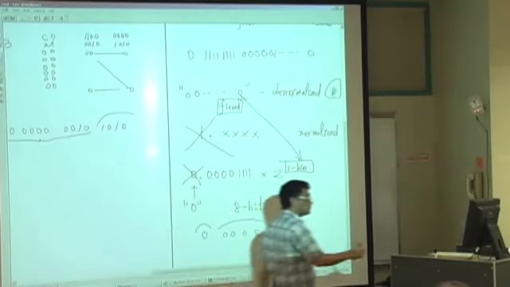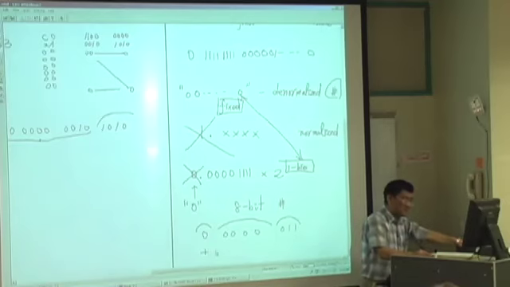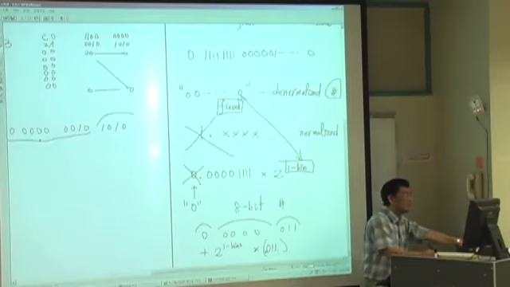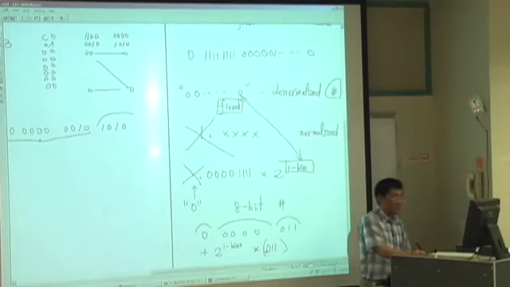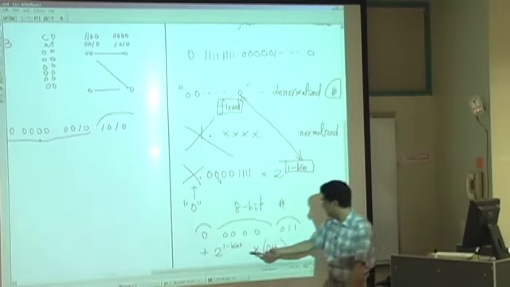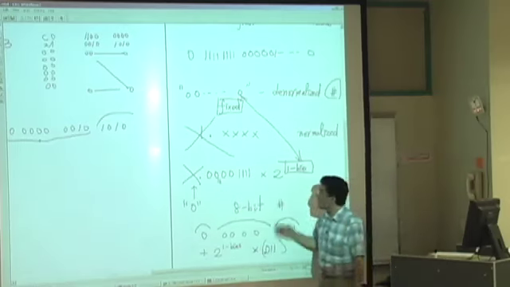This means plus sign, and then 2 to the power of 1 minus bias. Bias will be calculated soon; bias is not difficult to calculate. And then multiplied by 0 point 0.011. So we don't even attach 0 here to avoid any confusion. We completely remove everything before this decimal point, and then just the fraction.